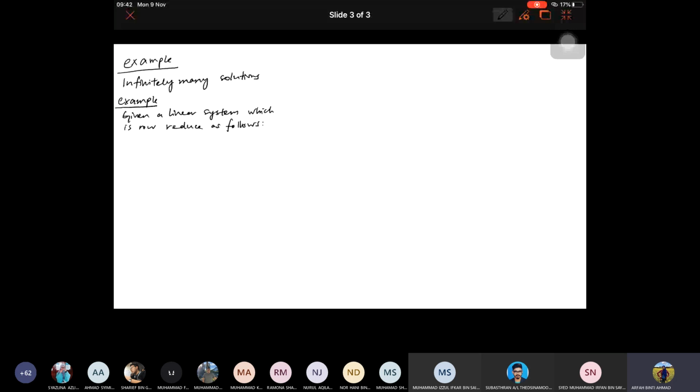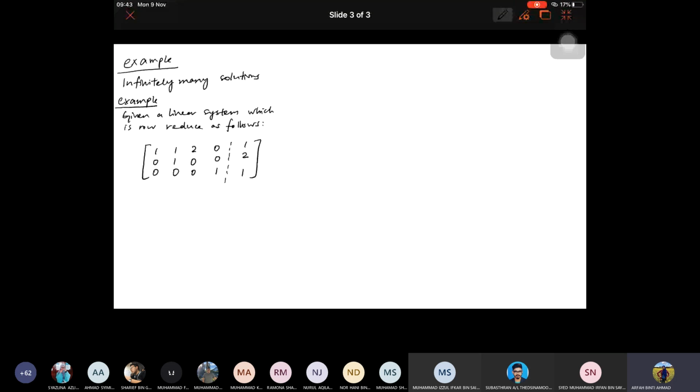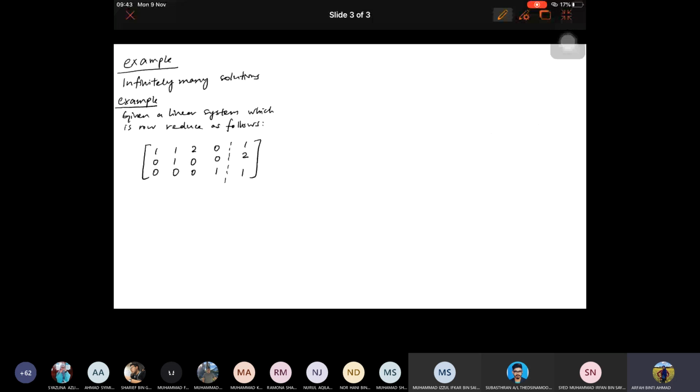Okay, you have 1, 0, 0, 1, 1, 0, 2, 0, 0 and 0, 0, 1. And this is your answer matrix 1, 2, 1. And you have your variable in here. This is your W, X, Y and Z. And this is your answer matrix.